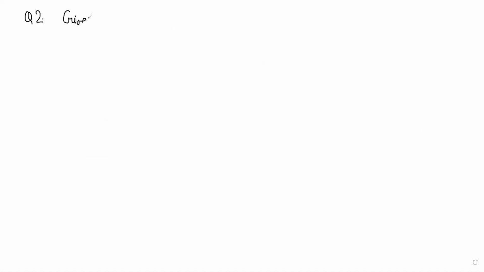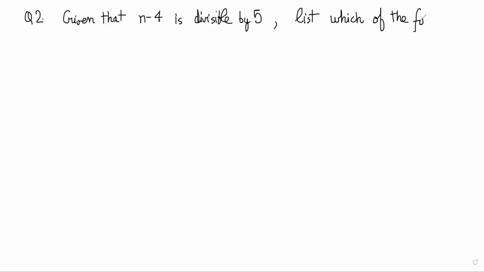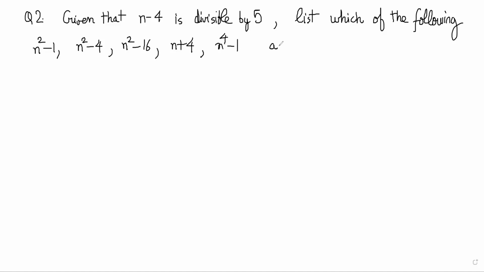Given that n minus 4 is divisible by 5, list which of the following numbers: n square minus 1, n square minus 4, n square minus 16, n plus 4, and n power 4 minus 1 are also divisible by 5.